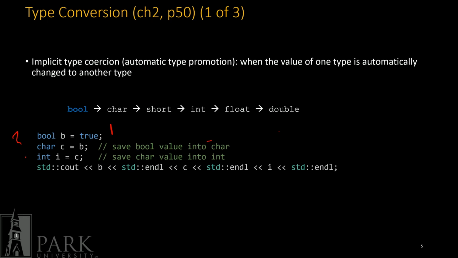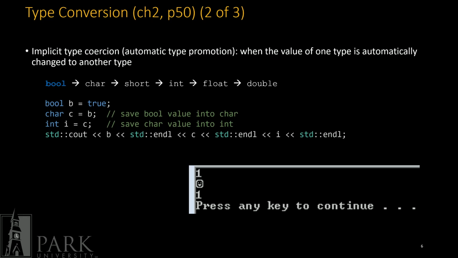And then we're going to store C in I. Well, what's C? Well, C is 1, so integer I is going to be 1, right? So when we print it out, what is it going to look like? It's going to look like that, okay? That's because the smiley face guy right here is just Visual Studio's representation of the char value of 1.